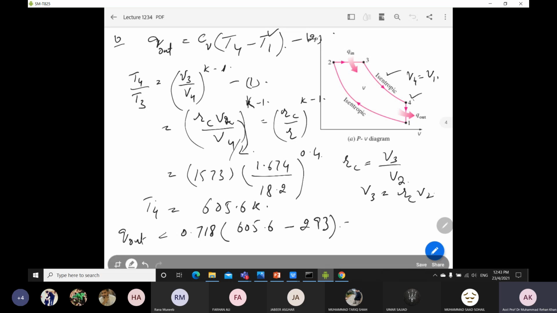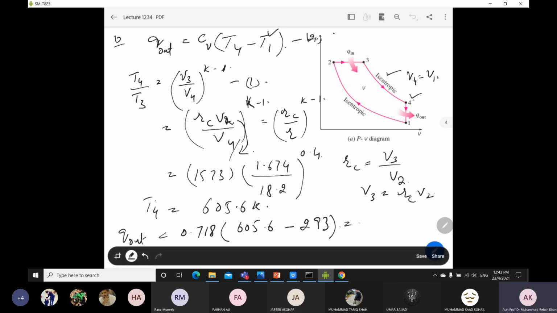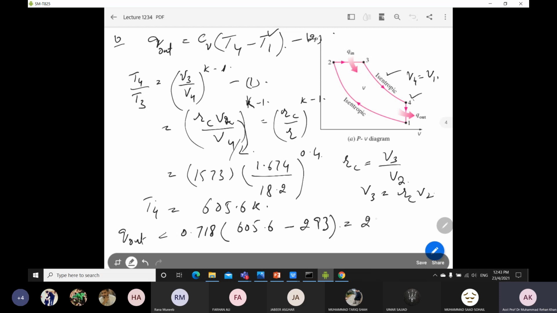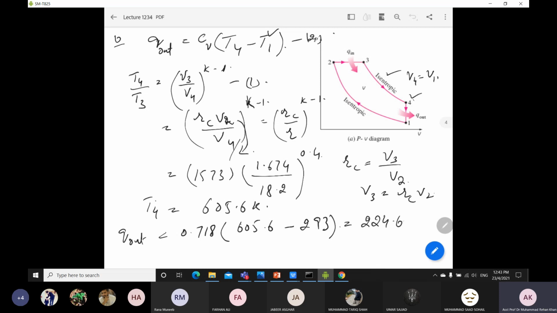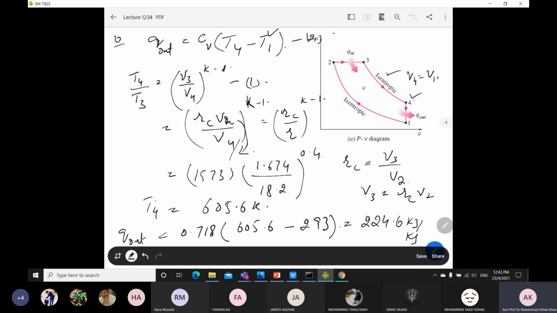Okay, so from here you can just solve it and you will get the value of Q out as kilojoule per kg. Okay, so this is part number B. So now you can note it down, then we'll move towards the next part.